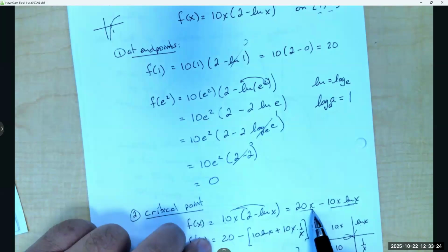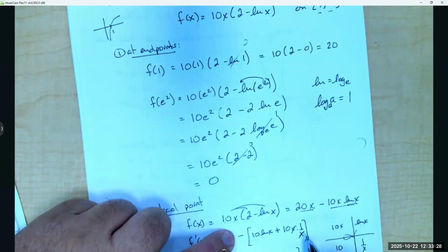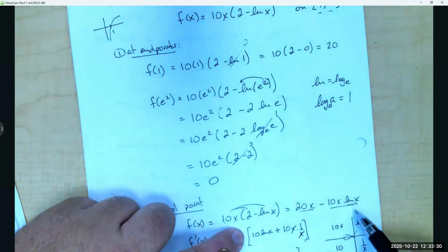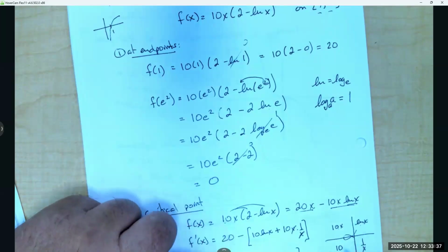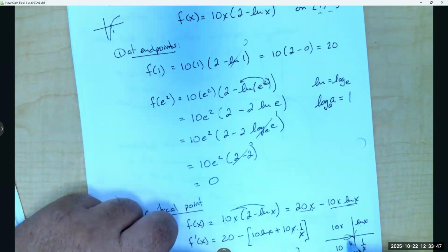The derivative of 20x is just 20, minus the derivative of 10x ln x. Do the product rule, and we get 10 ln x plus 10.